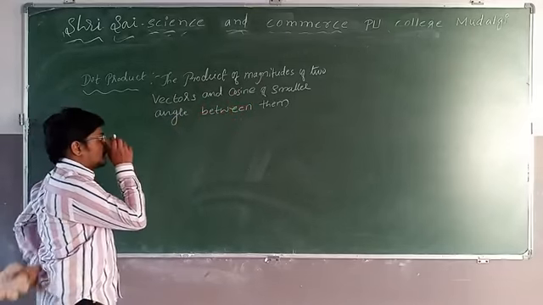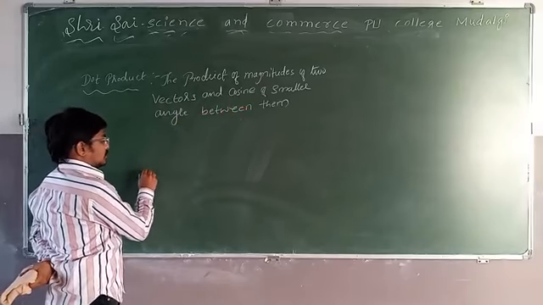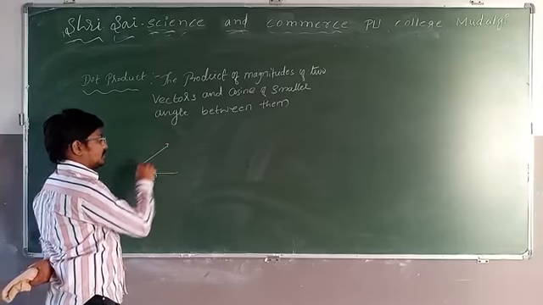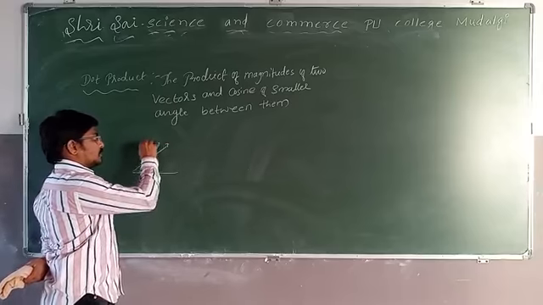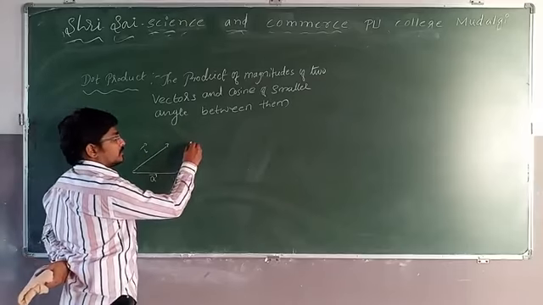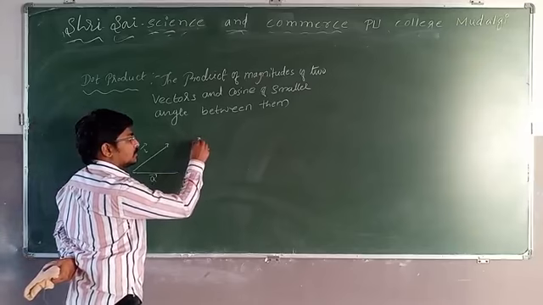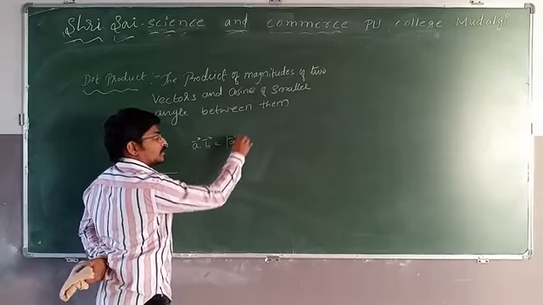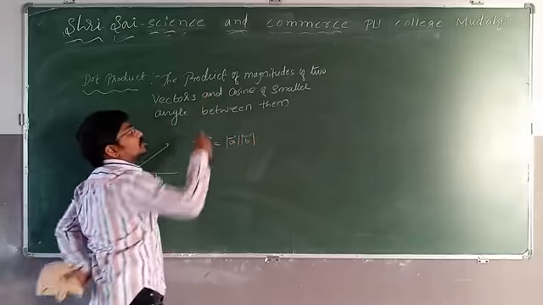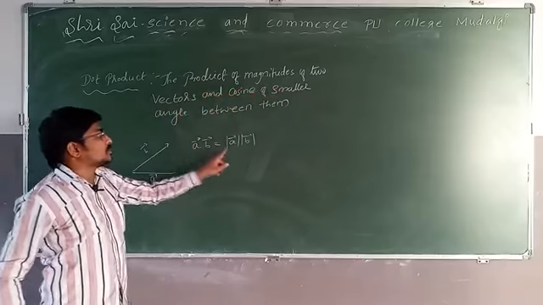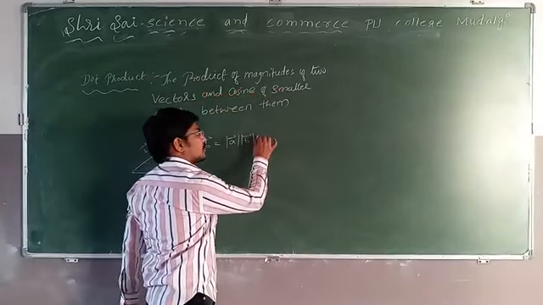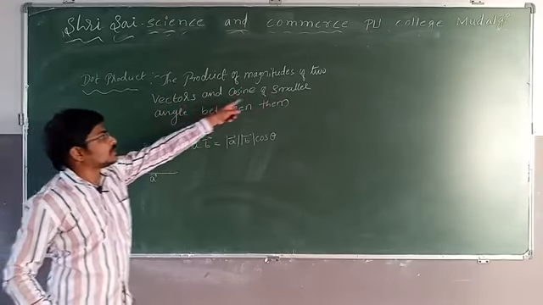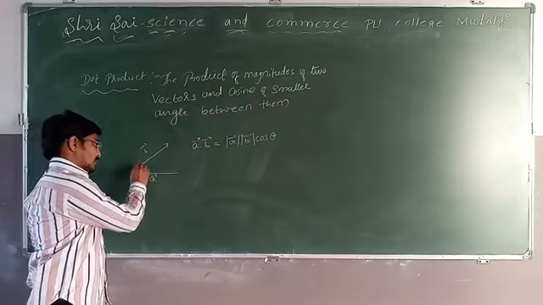If there are two vectors, vector A and vector B, then the dot product is given by A dot B. A dot B is nothing but the product of the magnitudes of the two vectors, then cos theta, the cosine of the smaller angle between them. Where is that angle? Here.